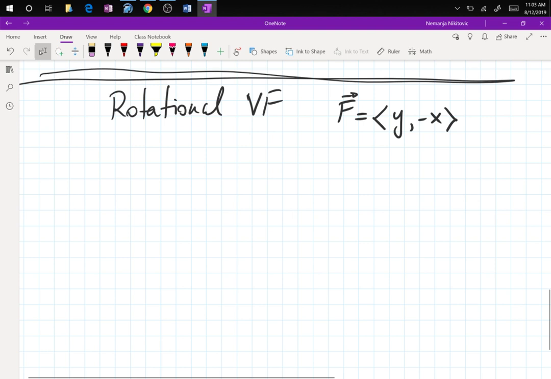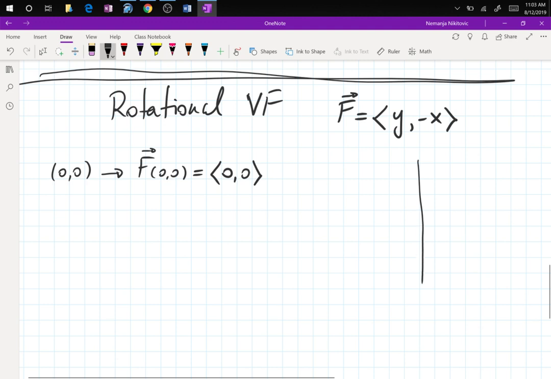Again, the point 0, 0 will generate a vector at 0, 0, which is just 0, 0. So nothing special going on. Big fat dot in the middle of the coordinate system. It's a 0 vector.